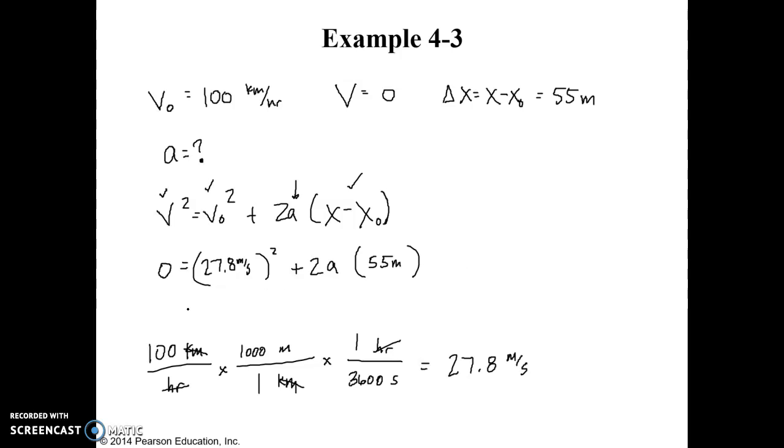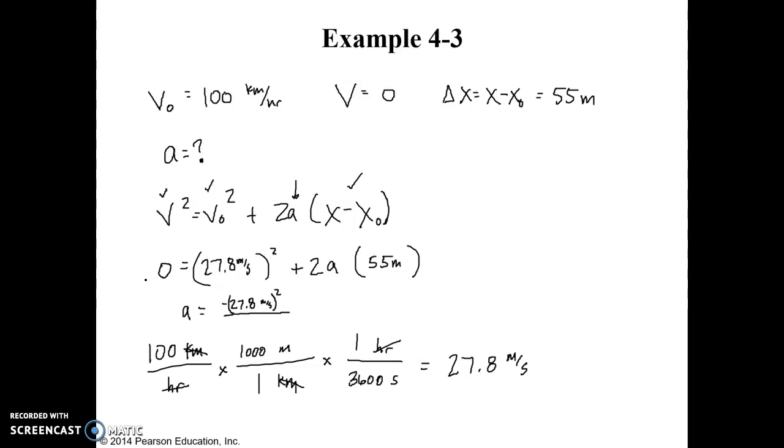So I think I've got enough room here. Acceleration is going to be equal to, I'll need to move this to the other side, so that becomes negative 27.8 meters per second squared. And make sure that negative is on the outside, because we want this to be negative after we square it.